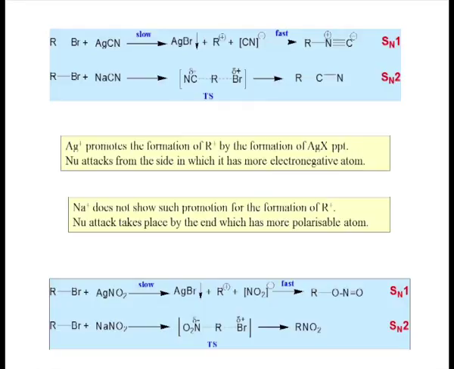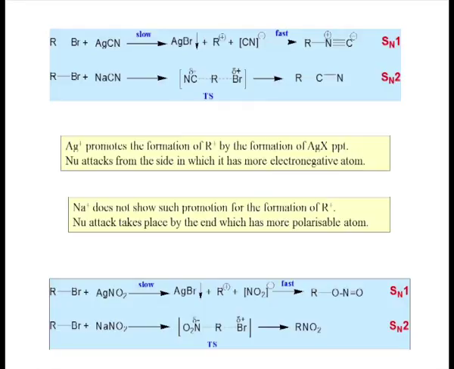Think very carefully. Silver plus promotes the formation of R plus very first by the formation of silver halide, generating the nucleophile to attack normally. What is that? The more electronegative side should attack first. More electronegative out of carbon and nitrogen is nitrogen. So, the nucleophile attacks from the side in which it has the more electronegative atom.